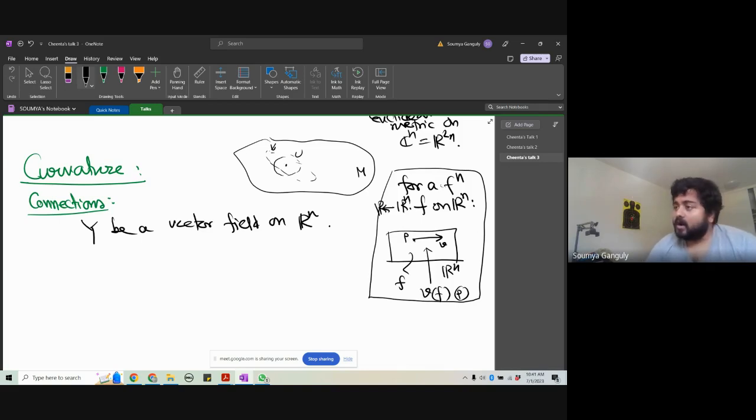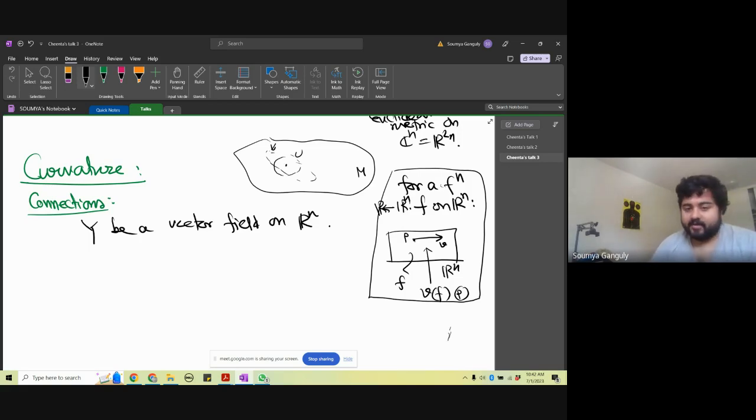However, what happens when you have a vector valued function or a vector field? Suppose Y is a vector field on Rn, which means Y takes as input a point of Rn and gives you a vector as output. So how do you calculate that?